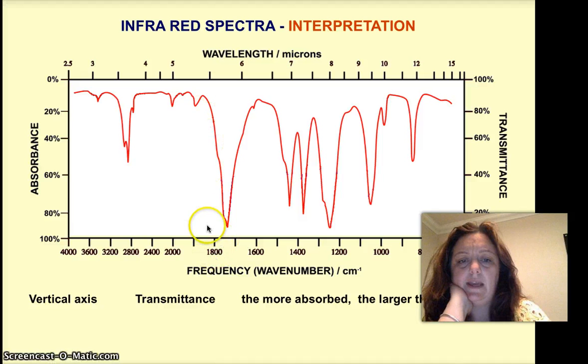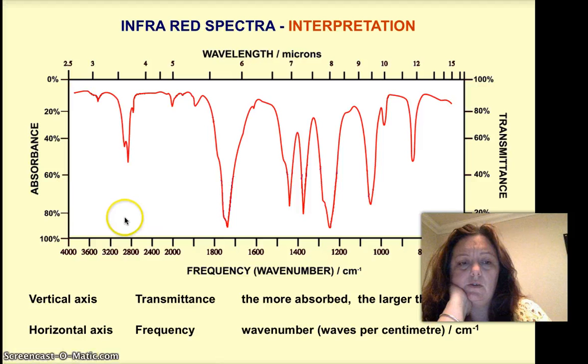We have a peak here at 1740, something like that, and that's obviously an important peak because it's highly absorbed the infrared at this point. So this is going to be quite an indicator of the type of bond that the molecule may contain. The vertical axis tells you how much has been absorbed, so the larger the peak, the more it's been absorbed.